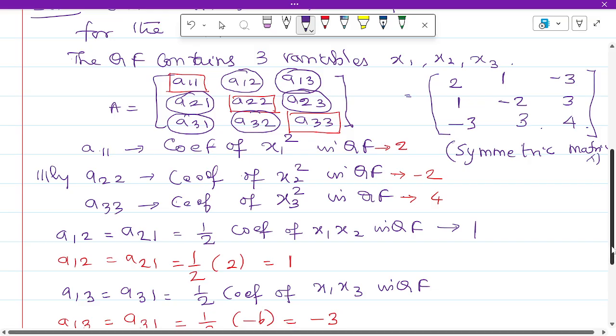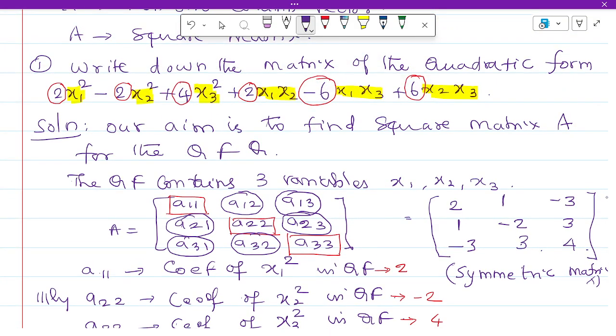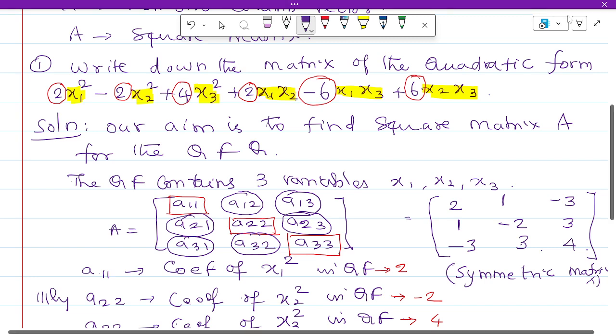So what are the things you have to identify? Where is x1 square, x2 square, x3 square? These x1 square, x2 square, x3 square coefficients should be in the diagonal. And then next you have to identify x1, x2. This x1, x2 coefficient, take 1 by 2 of this.